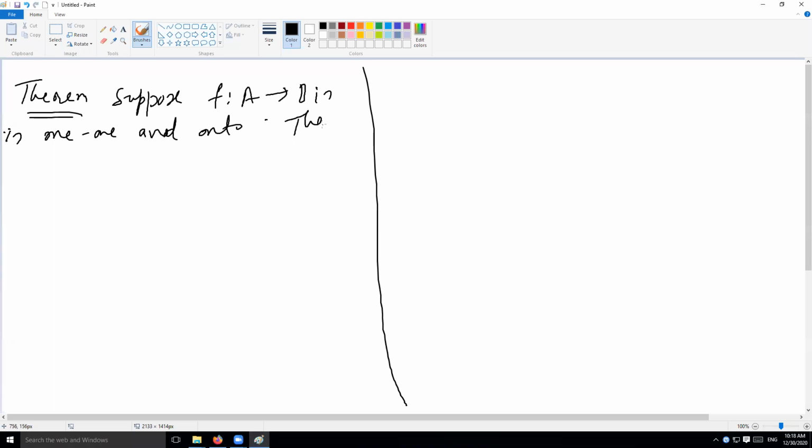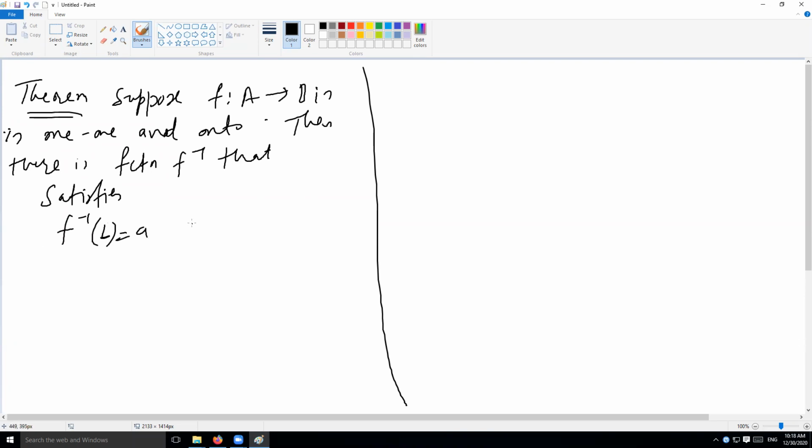Then there is a function f inverse that satisfies that f inverse of b is equal to a if and only if f of a is equal to b.